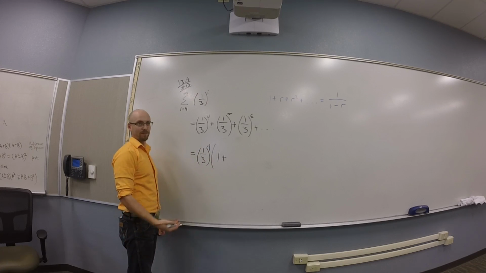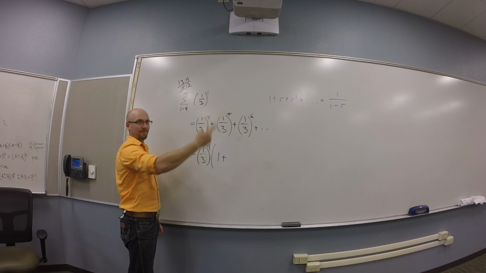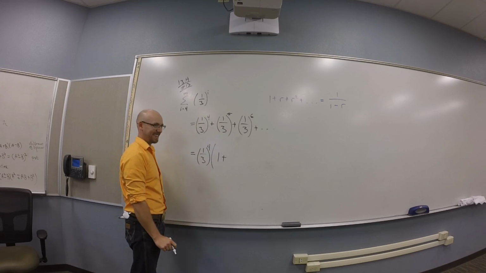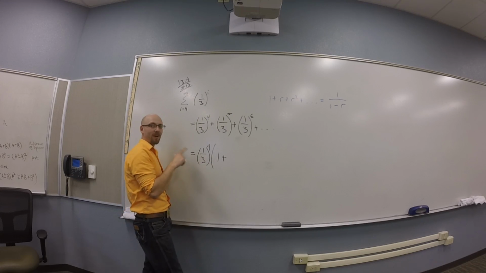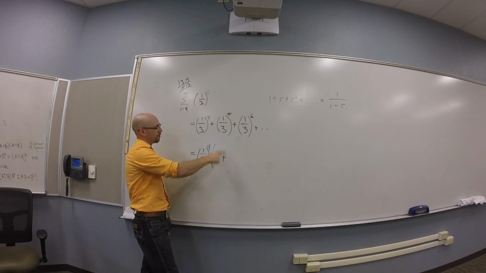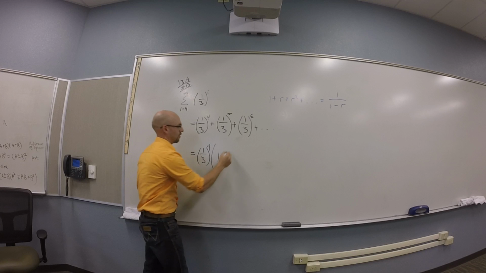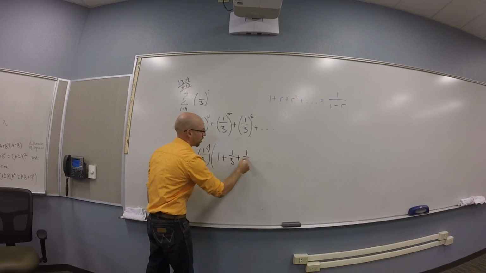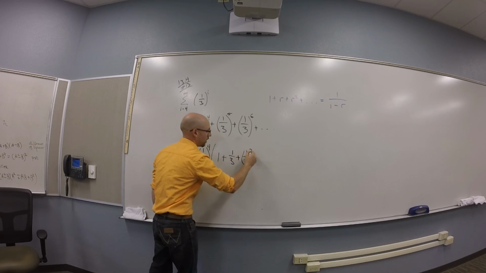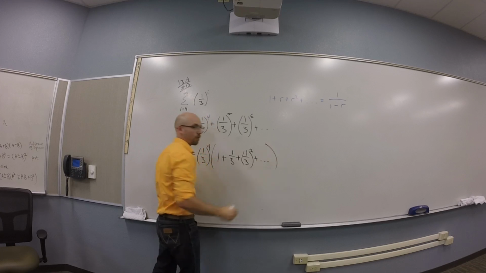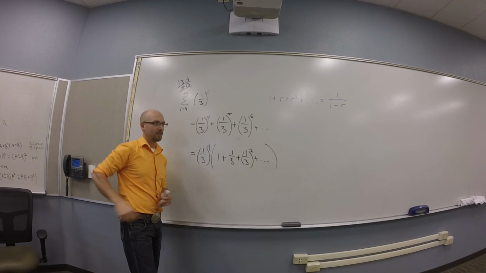You guys see that? Right? That's what I meant. So if you factor out a 1/3 to the 4th, this is 1 plus, what's the next one? 1/3, and the next one is 1/3 squared, and so forth, right?